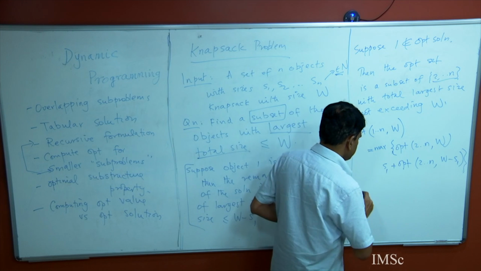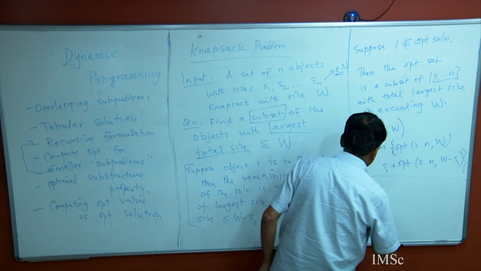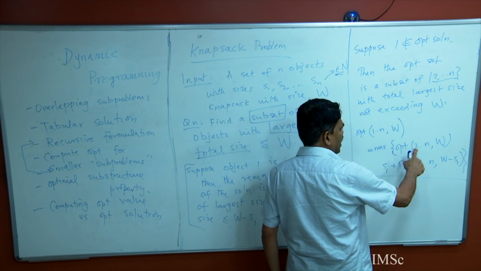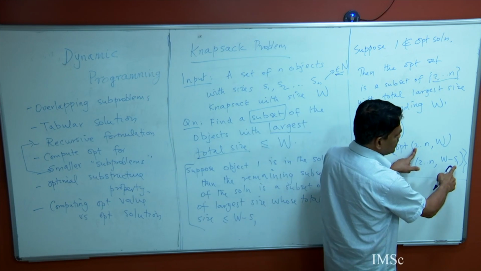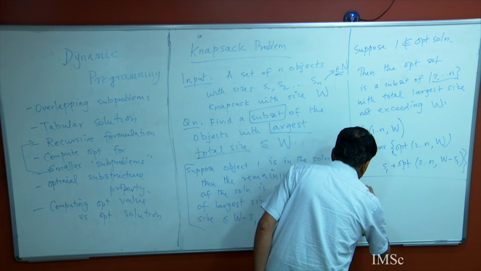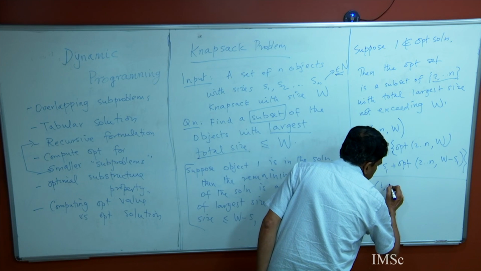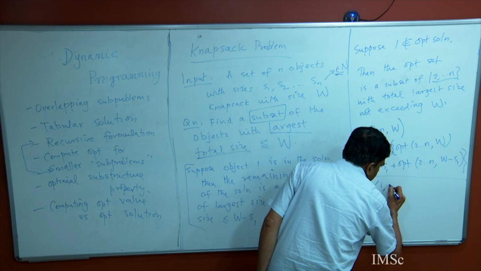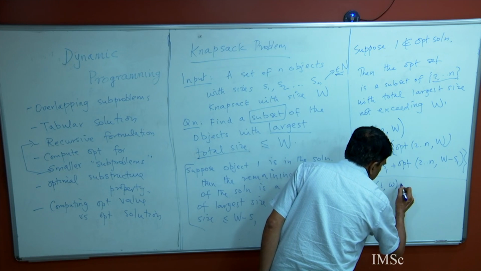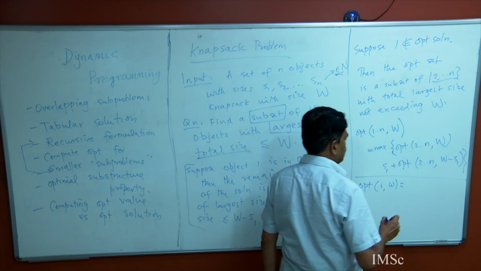Okay. So, what is the general thing I am interested in? Because this also changes, and this changes, I am going to write opt(I, w), let's say some small w.